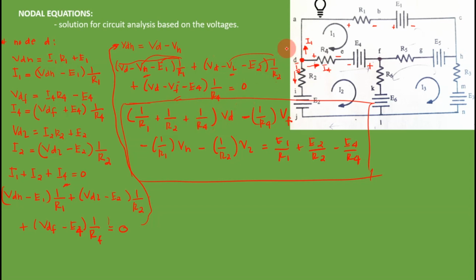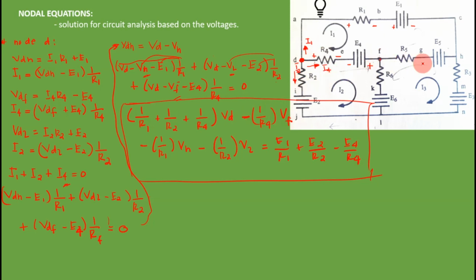You add them and then multiply by the voltage at this node D. For V_F, what resistor is attached to that? That is R4. So you take the inverse of R4 and multiply it by V_F, the node here, and the sign is negative.